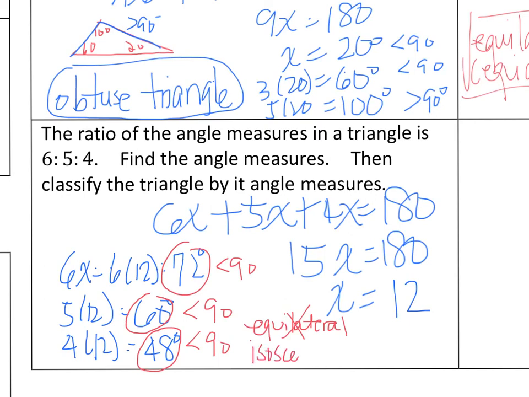If it's an isosceles triangle, you need to have at least two angles equal to each other. Since all angles are different, we could say this is a scalene triangle. This is also an acute triangle, but it's not specific enough.